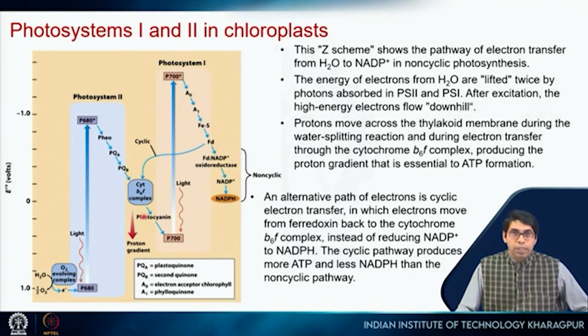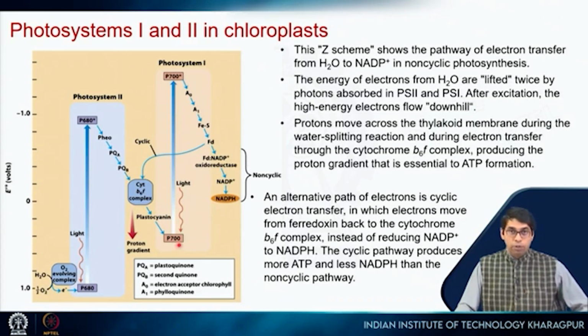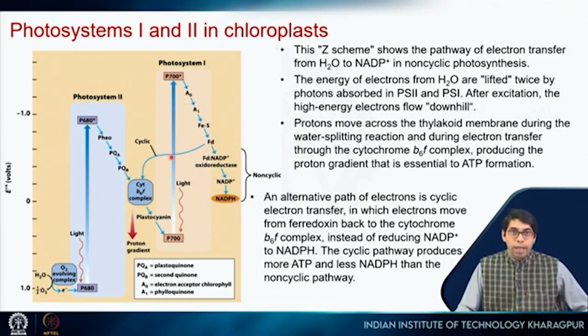That is shown here. So this is your plastocyanin, right? Electrons are handed over to the plastocyanin, which carries them to photosystem 1, and there the second absorption of a photon excites that electron further, and then again it goes through these downhill processes. It can end up in NADPH, or it can be handed back to this complex.